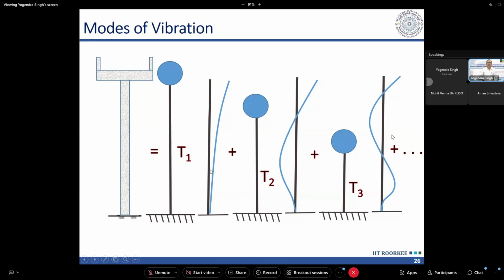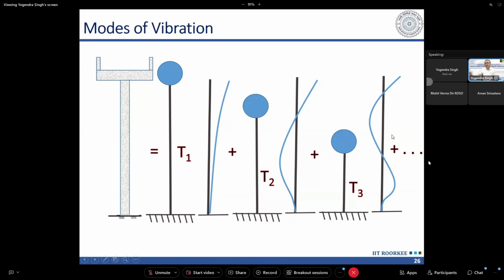We can see here that these modes are arranged in order of increasing frequency. The lowest frequency we assign the first mode. So the first mode corresponds to the lowest frequency, and as the mode number increases, the frequency increases.